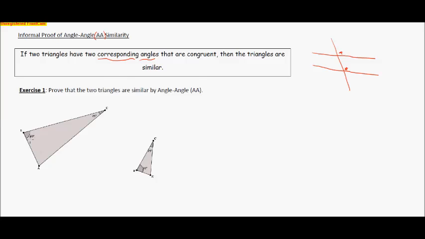Let's keep talking about corresponding angles. If I look at this angle right here, angle B, they tell me it is 80 degrees. If I go over to this triangle, it looks like this is B prime down here.